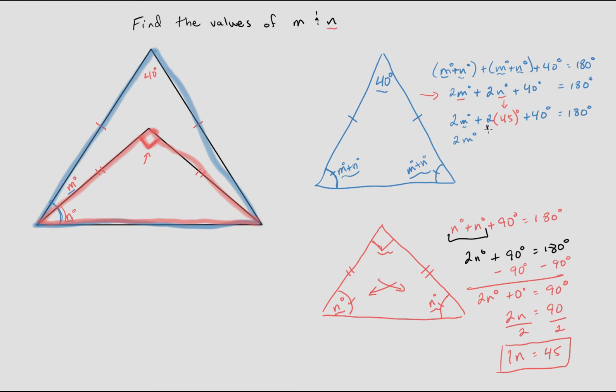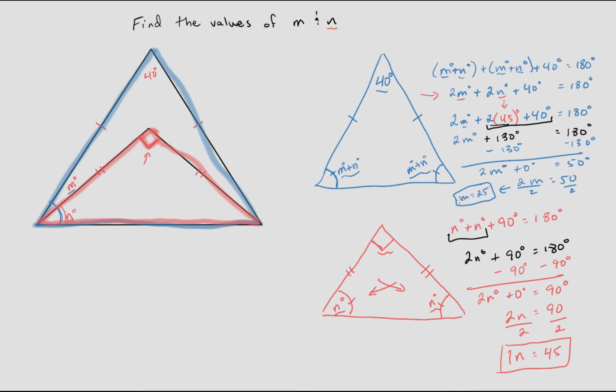We'll combine like terms. So that's 90 degrees plus 40 degrees, so that's a total of 130 degrees. All right, so now I believe that I have the value of both m and n.